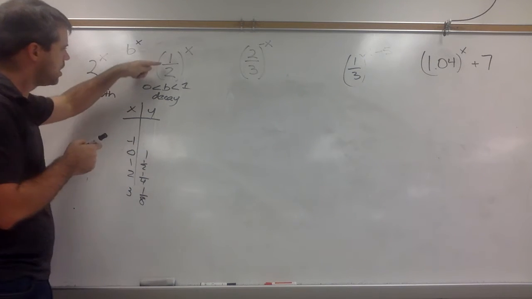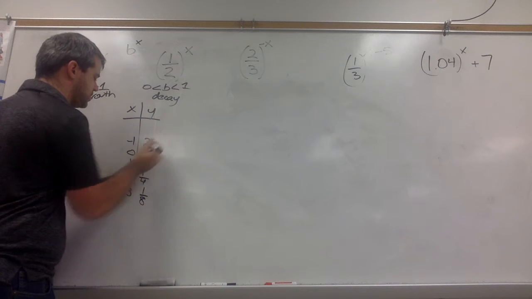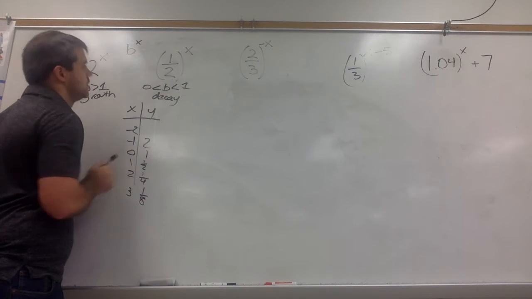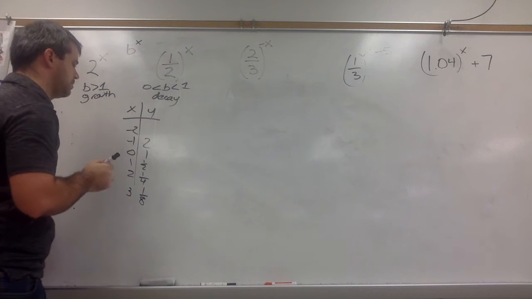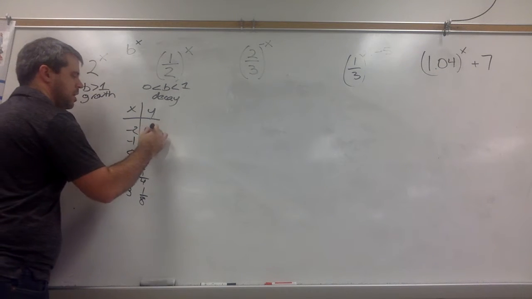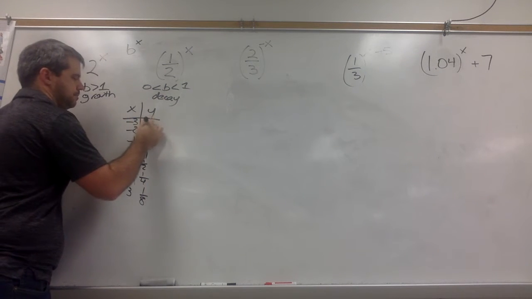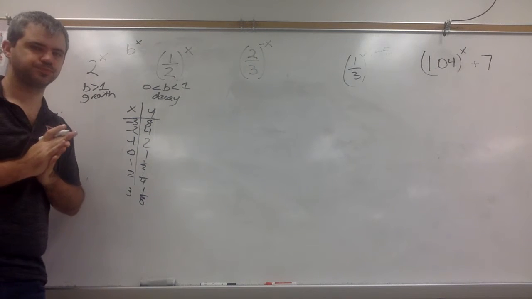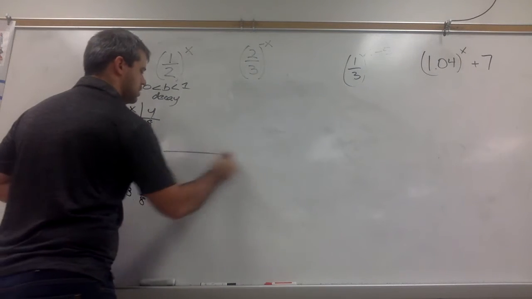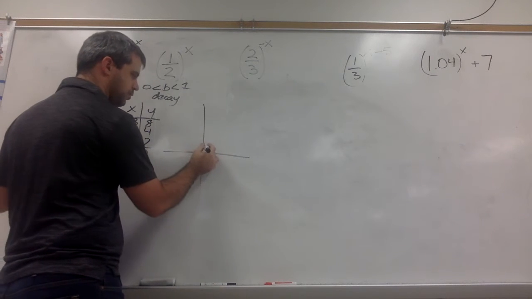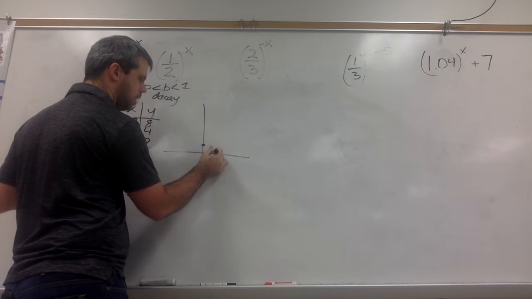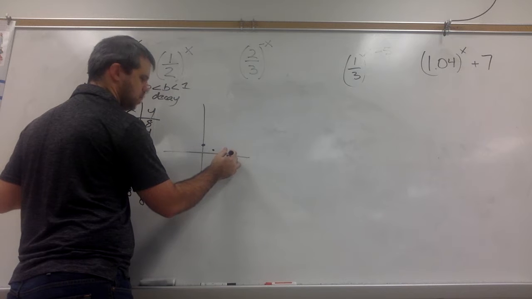Negative 1. 1/2 to the negative 1 is 2, because remember, negative exponents flip these fractions. We get the reciprocal here. All right, so let's see how this looks. As I go forward, remember we're decaying. 1, 1/2, 2, 1/4, 3, 1/8.